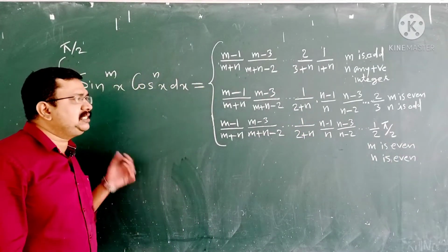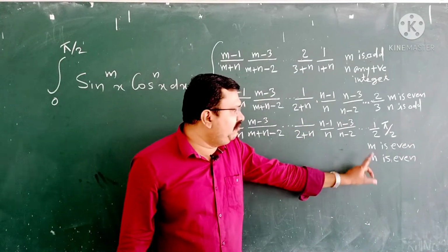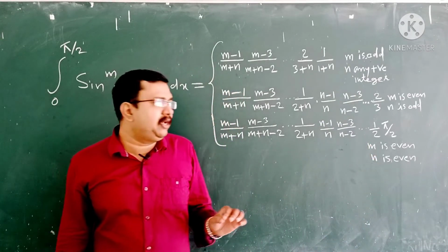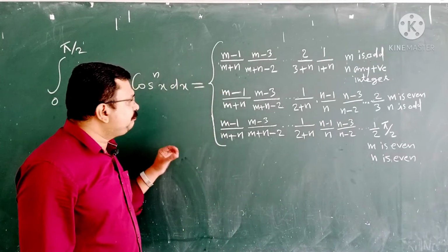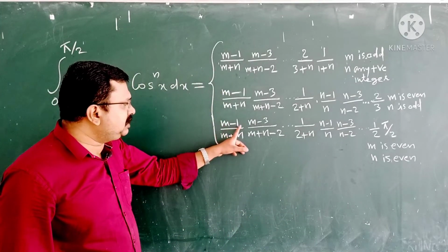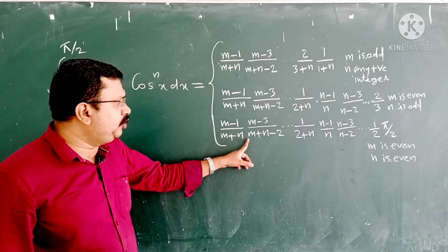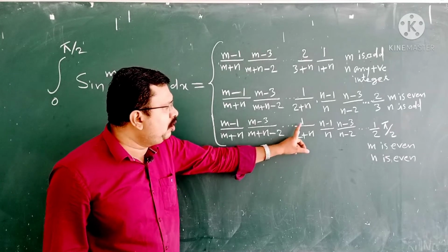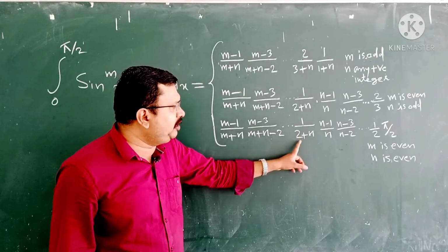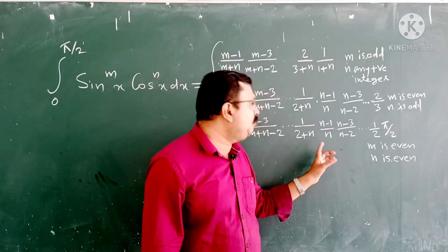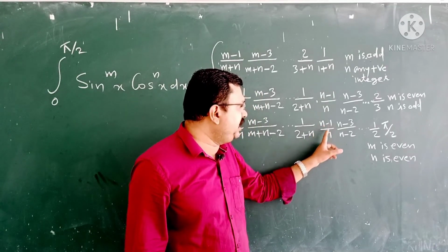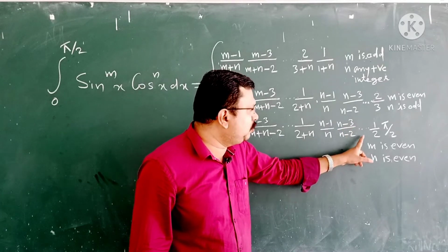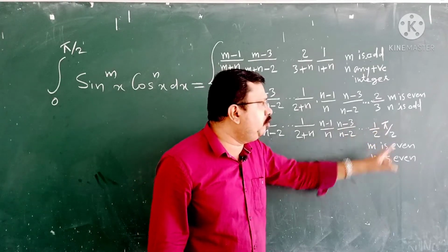Then the last case is m is even, and n is also even. Then our solution is (m minus 1) by (m plus n) into (m minus 3) by (m plus n minus 2) and so on, 1 by (2 plus n) into, the second section is, (n minus 1) by n into (n minus 3) by (n minus 2) and so on, 1 by 2 into pi by 2.